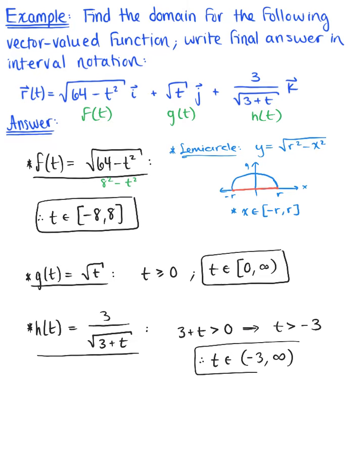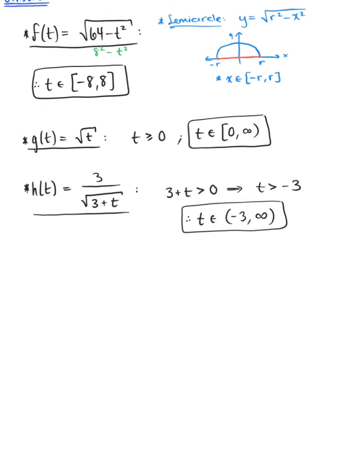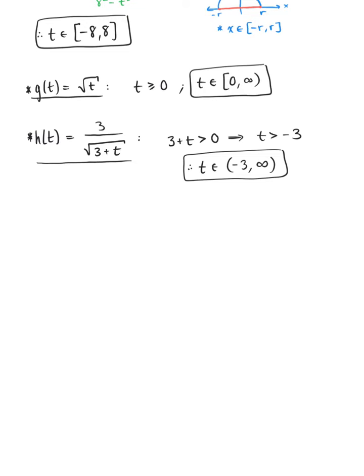So we have the domain of each component, and to find the domain now of the full vector-valued function, we need to consider the intersection of these three inequalities, or intervals. So we need to find the intersection of these three domains.